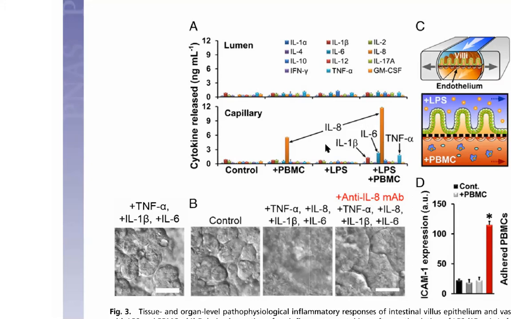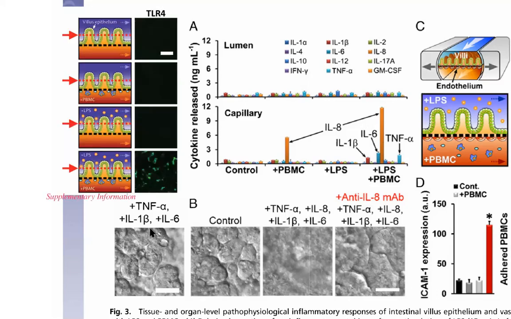So what does that mean? When they add these 3 cytokines together or alone, they cannot see any damage to the villi structure. They were basically the same as the control group.